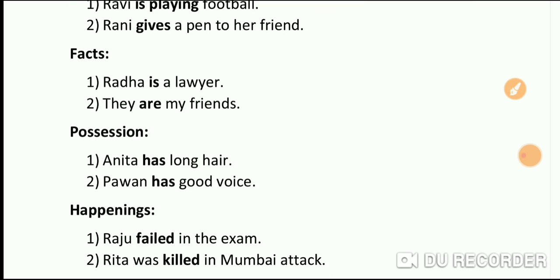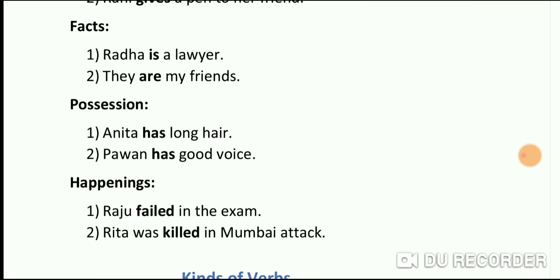Let us see the second one. Facts. They speak about facts. They talk about facts of nouns and pronouns. Let us see the example. Radha is a lawyer. Second example, they are my friends. So here verbs are also used to show or speak about the existence or the beingness of a noun or pronoun. So Radha is a noun here.